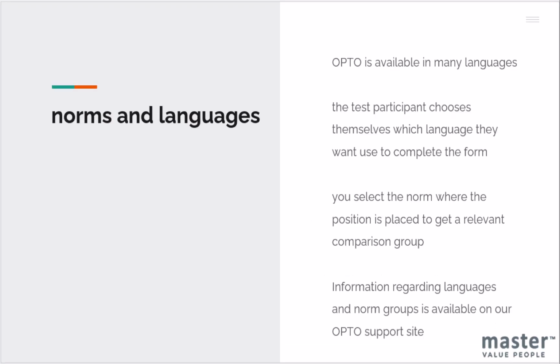Now, let's look at our languages and norm groups, starting with language. OPTO is available in many languages, with new ones continually being added. It's also helpful to know that the candidate selects the language, so you as user don't need to and cannot influence this. And on to the norm groups. We have a benchmark for comparing our results.